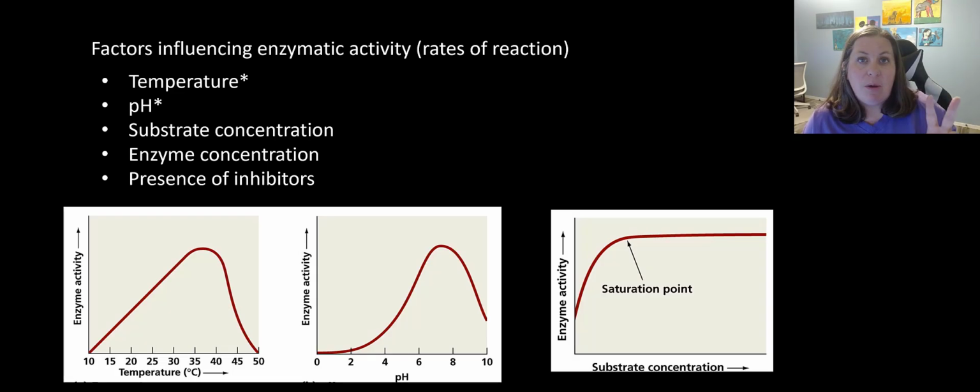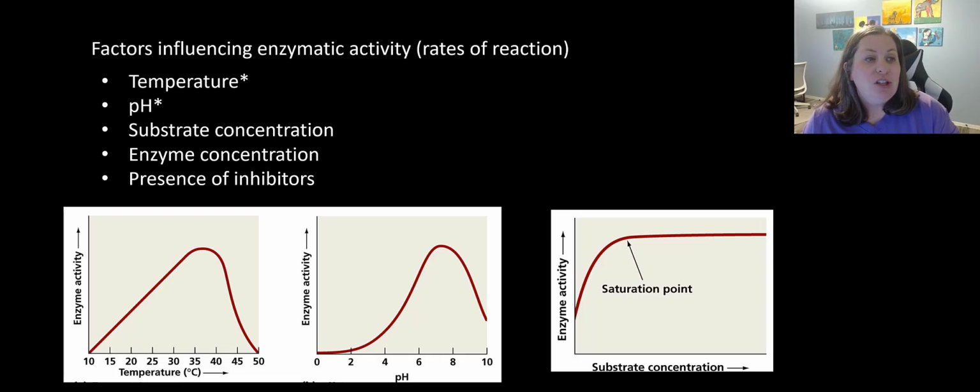Now you'll notice that both of these have little asterisks next to them, and that is because the reason these guys don't work well at high temperatures or high pHs, or even low pHs, is because they denature, they unfold. And since they unfold, they're no longer usable. Remember, enzymes have to have a particular 3D shape.